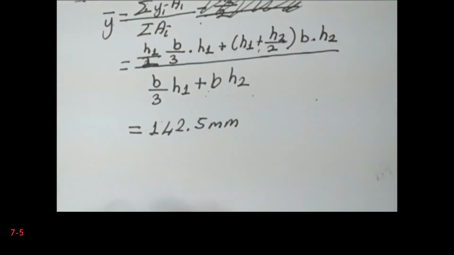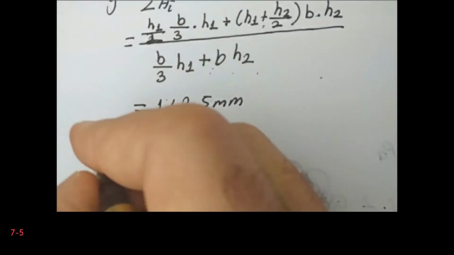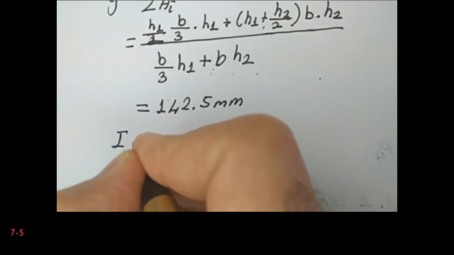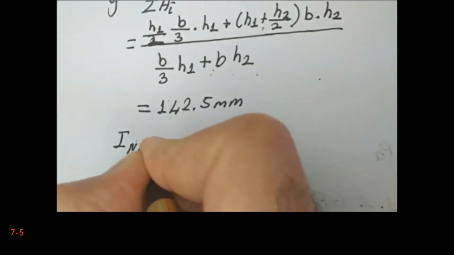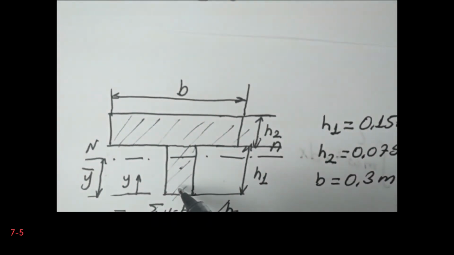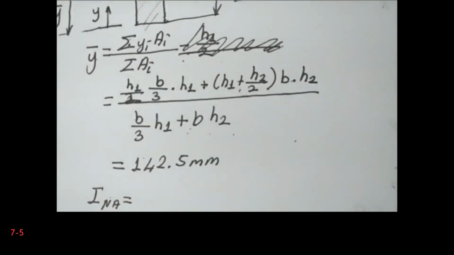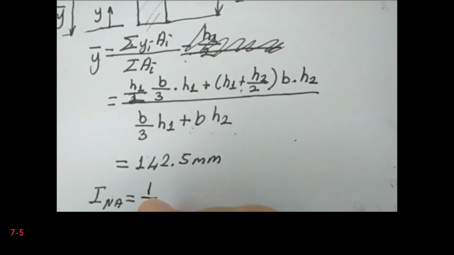Okay, now we need to calculate the bending moment of inertia with respect to the neutral axis. This will be our next step. First, this part, the web of the cross section, it is 1/12.